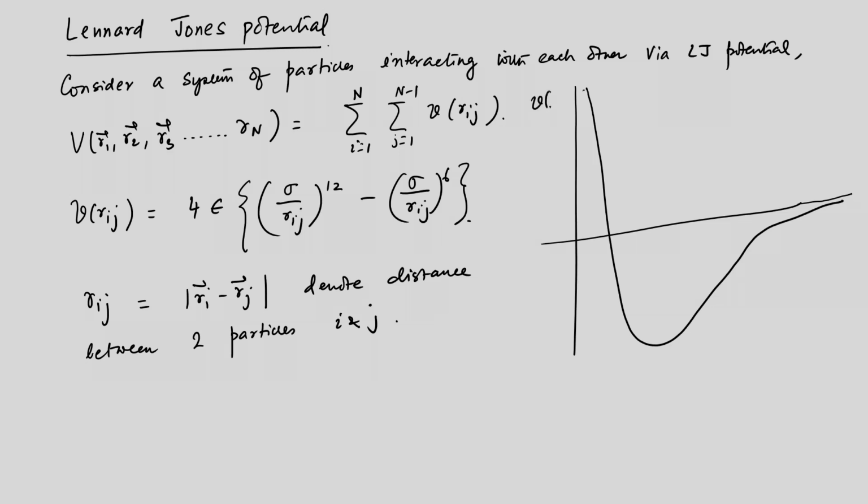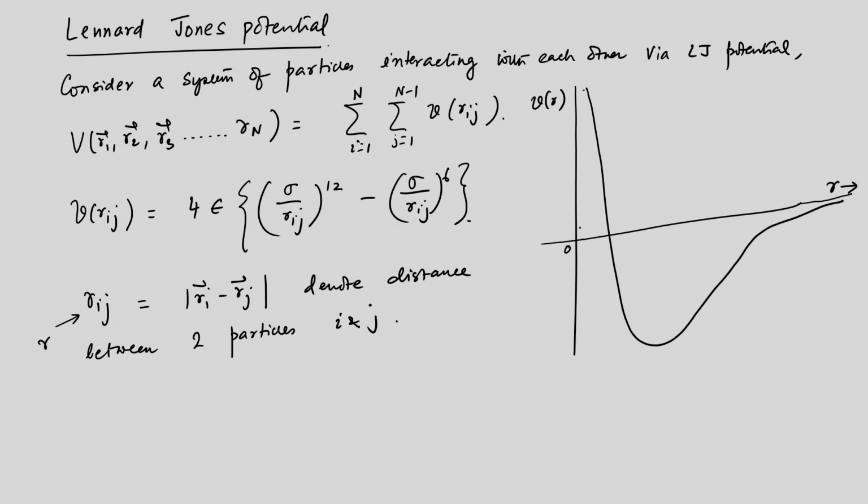So, this is your V of r and this is r. I am writing Ri minus Rj for a moment as r. So, this is the form. What it says is that it is very strongly repulsive at short distances and very weakly attractive at large distances. Okay. So, this is the form of the potential.